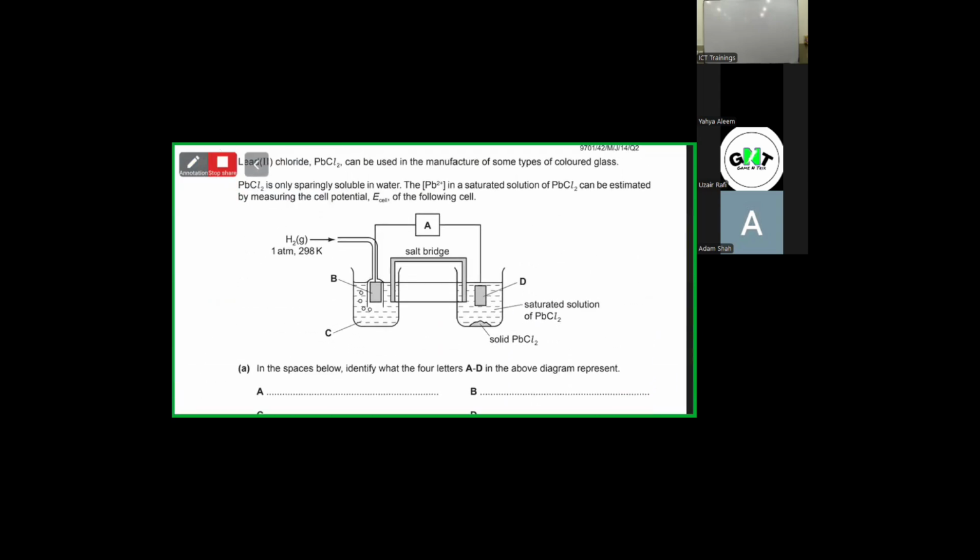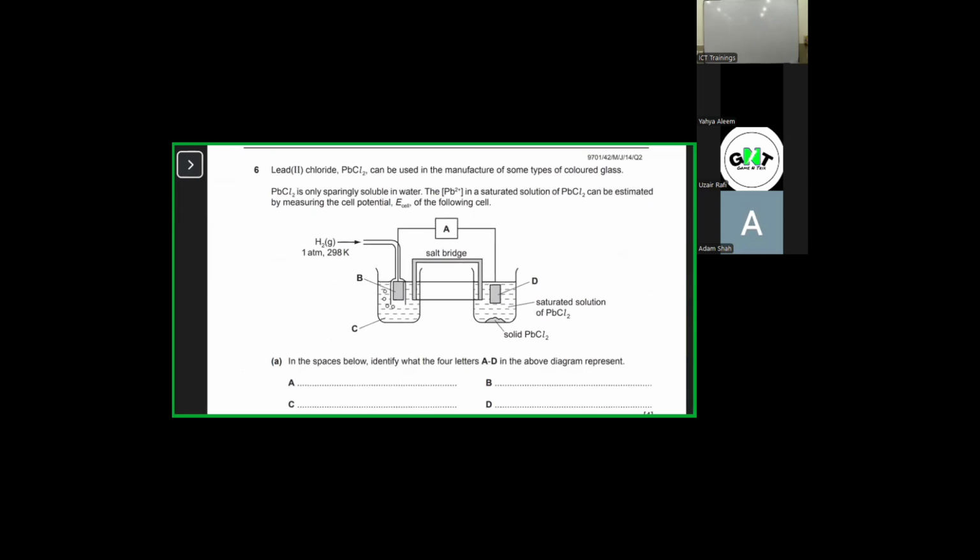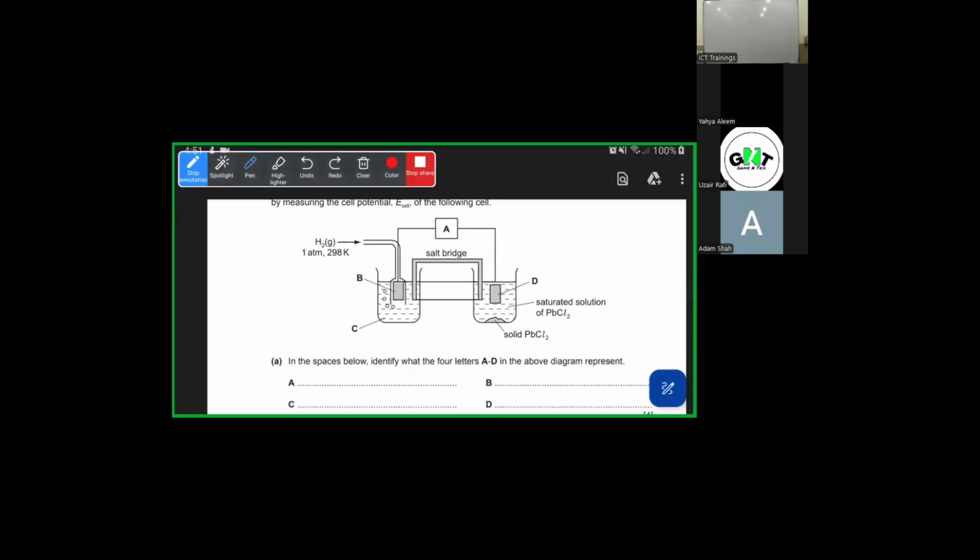Have a look at this question. Question number 6. So he is asking you different things from here. What is A? A, this is actually the voltmeter. Okay. The next thing he is asking about B. So B, my dear, this is hydrogen. So here we got the hydrogen ions. So it means H positive and H2 gas are unable to conduct the electrons.